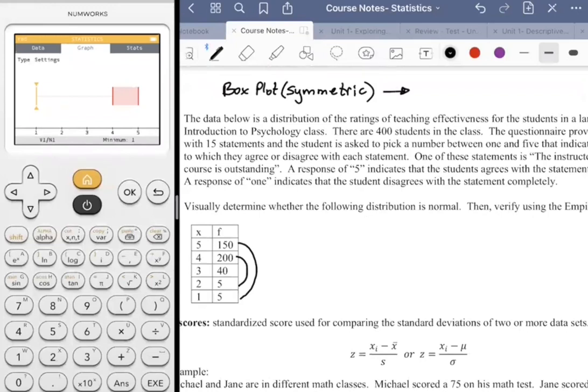But just to give you the gist, an ordinary box plot would look something like this. This would be, I'm sorry, a symmetrical box plot. You'd have the box in the middle, the tails going out, the tails roughly the same length. They don't have to be exactly the same length. But that's what a symmetrical box plot looks like.